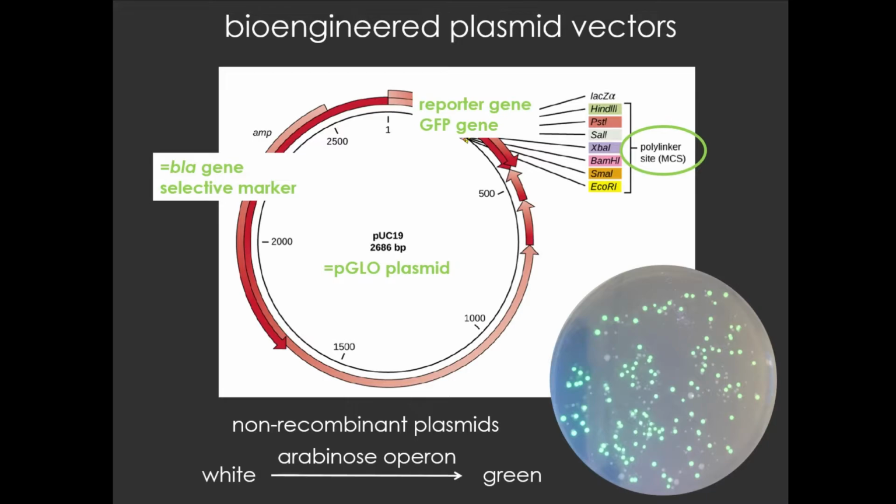It also contains a multiple cloning site within which there are many restriction recognition sites, but those restriction recognition sites and the multiple cloning site are located not within the LacZ gene, but within a reporter gene called the green fluorescent protein gene. So rather than cells which will turn blue in the presence of XGAL, these are cells that will turn green in the presence of arabinose. So just so that you can connect those two ideas together.